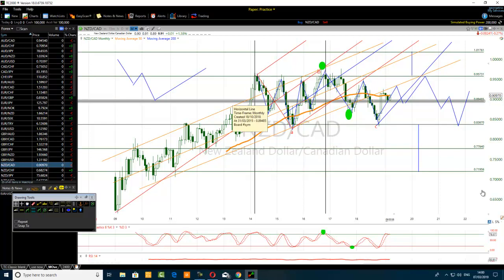But the advantage of using the stochastic pattern, especially this one, in this case, is that sometimes the price may go down in a straight line like this, without exhibiting 1, 2, 3, but the stochastic may exhibit 1, 2, 3.